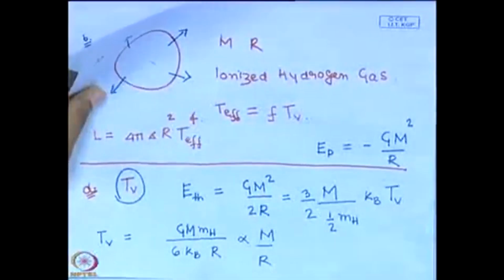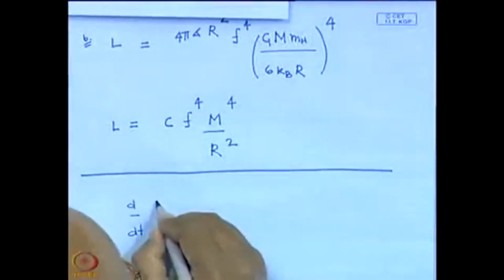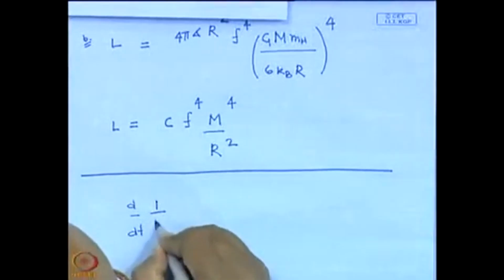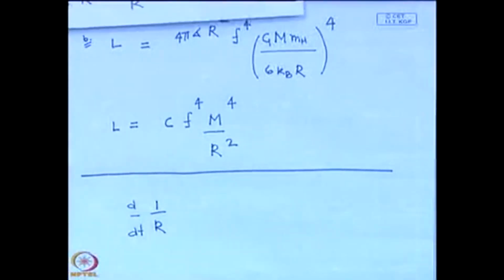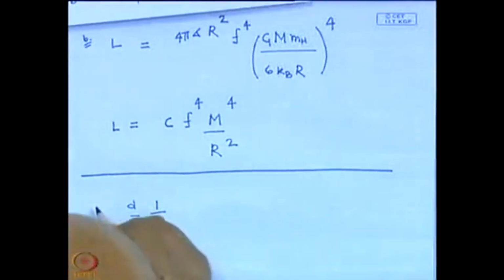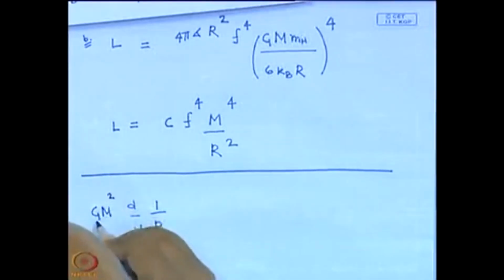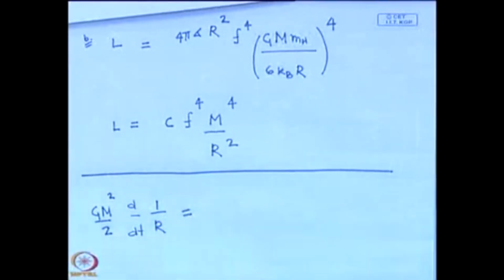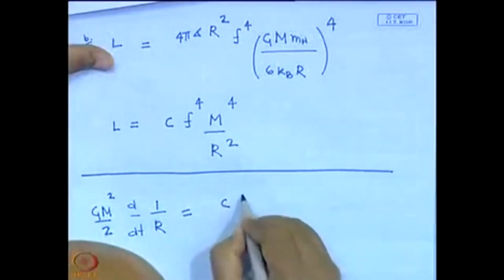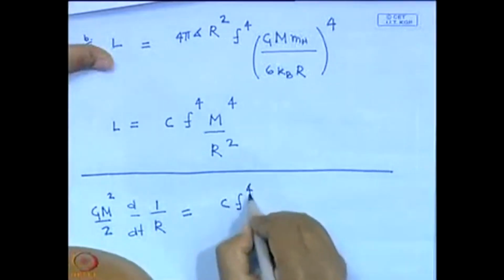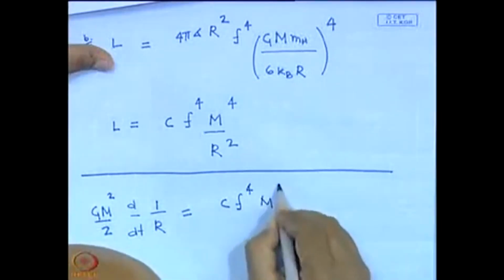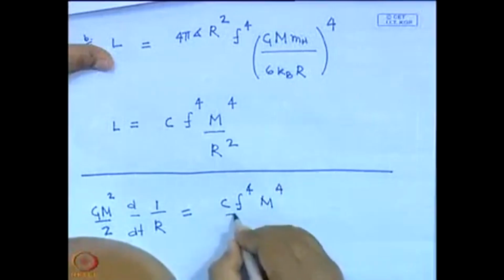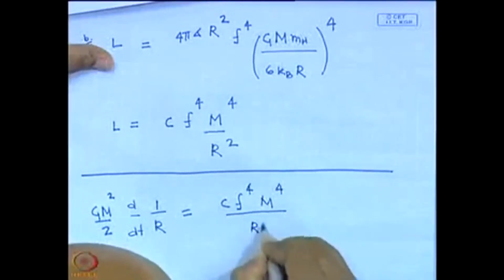So, it is essentially 1 by r, and this is equal to C f to the power 4 m to the power 4 by r square.